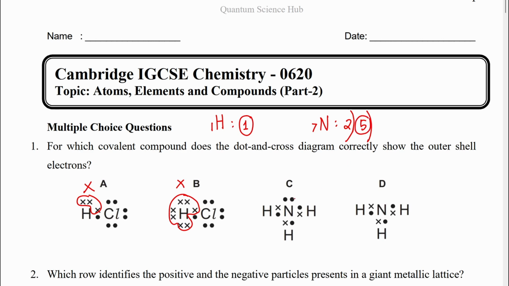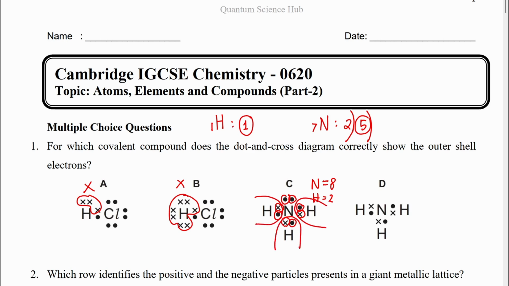In here, nitrogen contains 1, 2, 3, 4, 5 from itself, and 6, 7, and 8. So nitrogen in here is 8, okay? While hydrogen is 2, because hydrogen only contains 1 shell, so that's why the valence electron is 2, and this is for the hydrogen in here, okay?